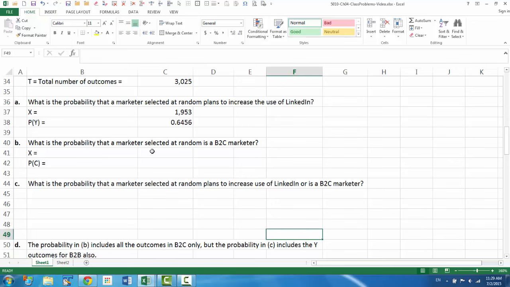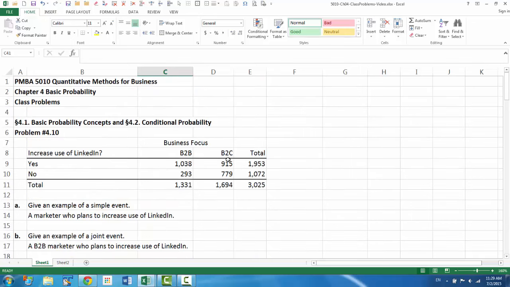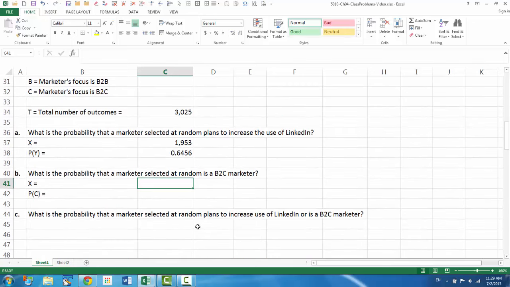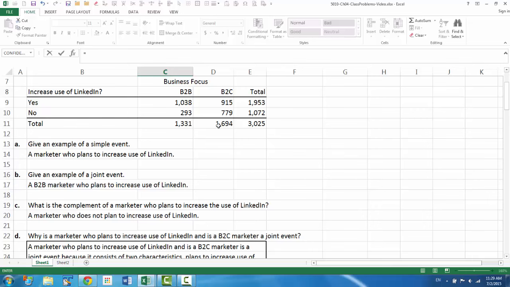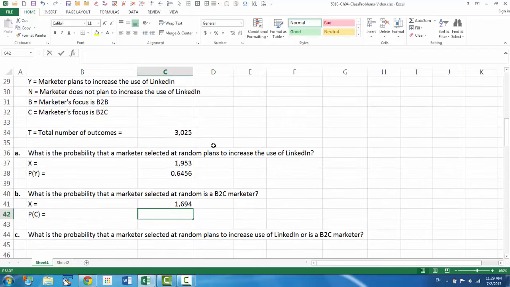For B2C marketer, X is 1694. So the probability of C is that divided by the total.